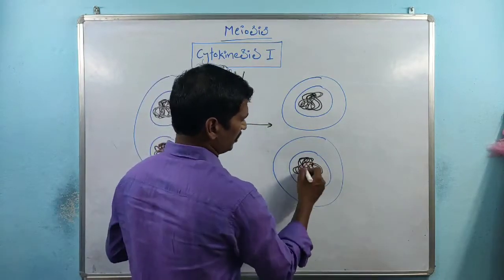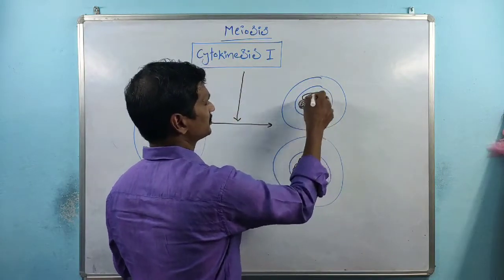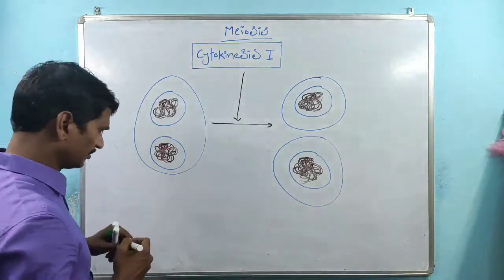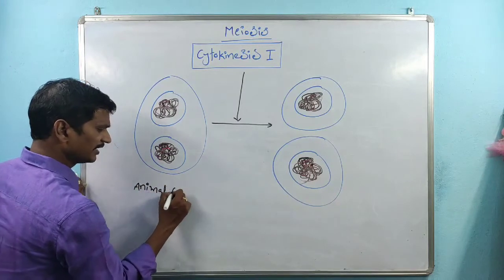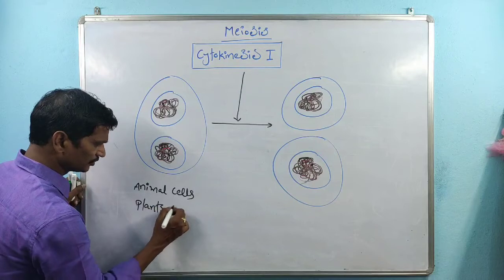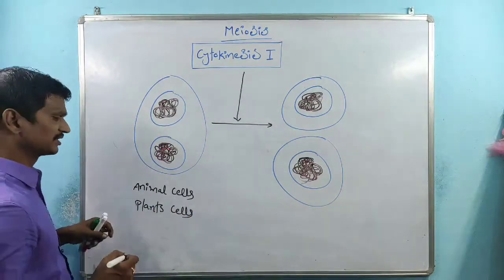So how does the cytoplasm division occur? We know there are animal cells and plant cells. Plant cell cytokinesis is different from animal cell cytokinesis.